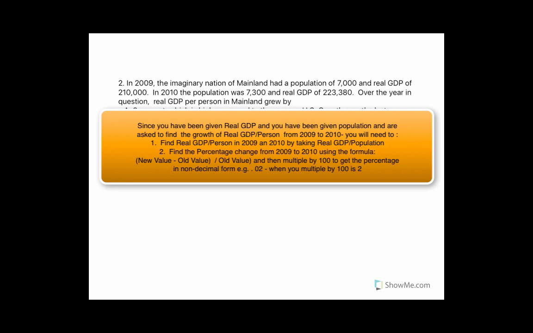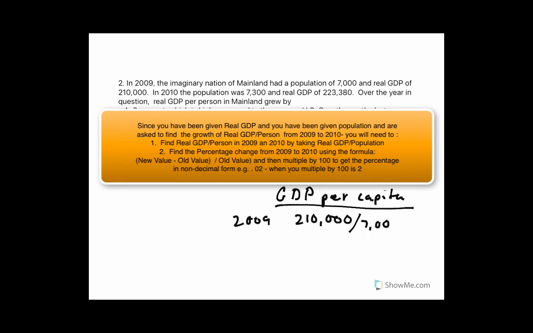So GDP per capita, or per person, is just equal to GDP divided by the population, right? So in 2009, that's going to be 210,000 divided by 7,000.